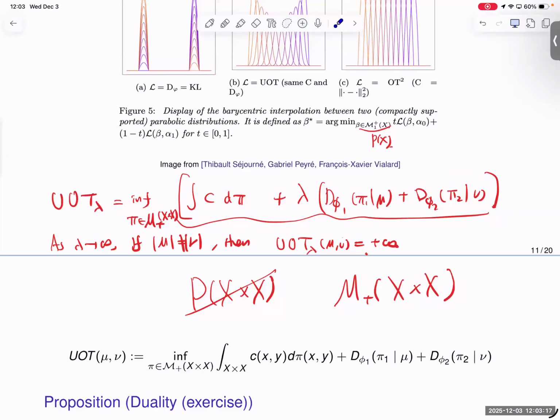So I still believe in the compactness of this. Not this one, which is not compact, but this function will go to infinity if your pi goes to infinity. So that requires some kind of condition on phi. Under an appropriate condition on phi, for example, the entropy functional satisfies that, you can prove that the minimizers still exist.